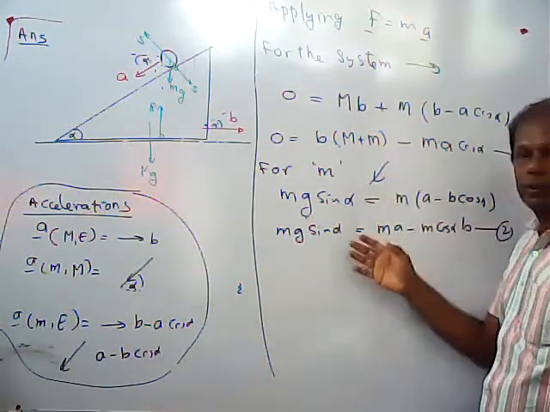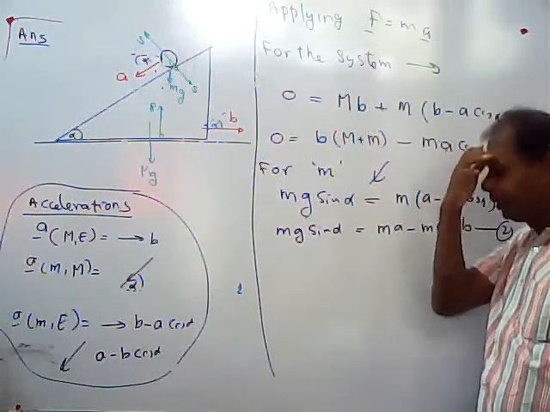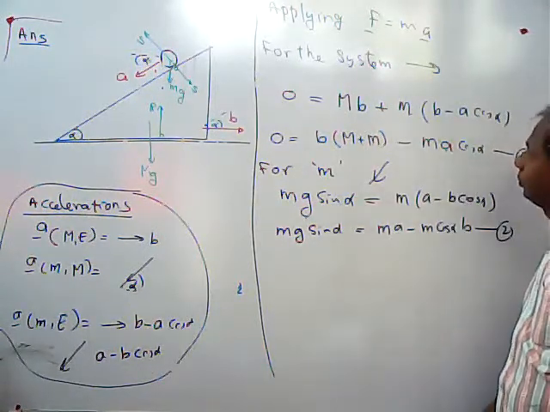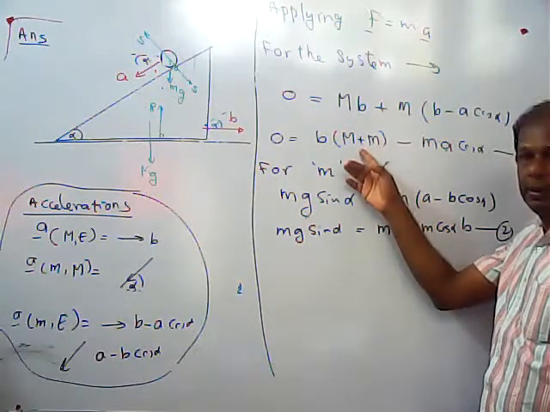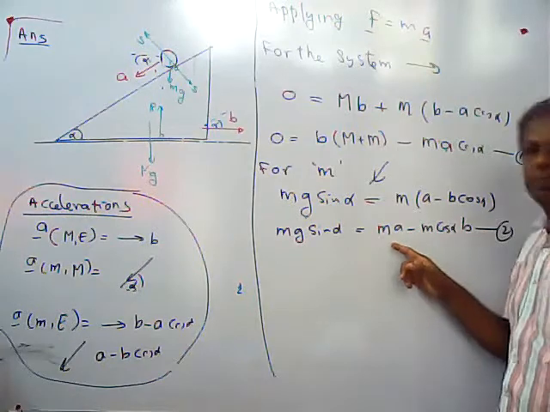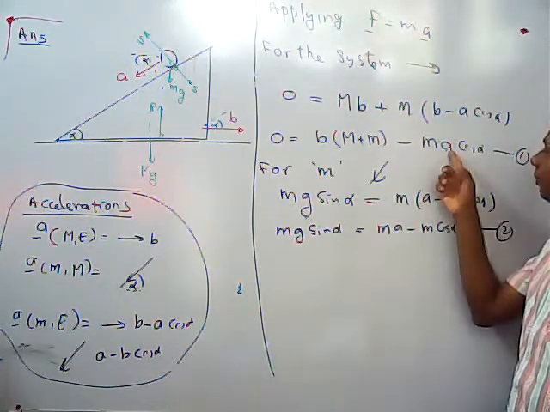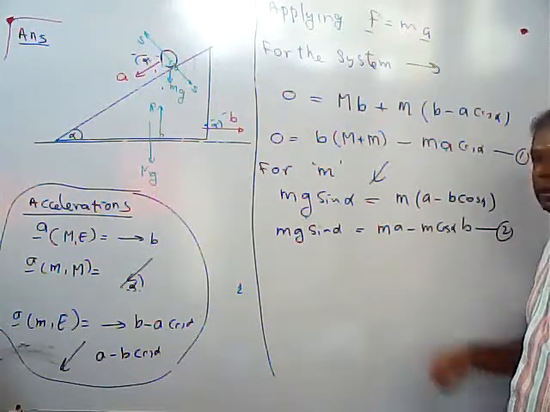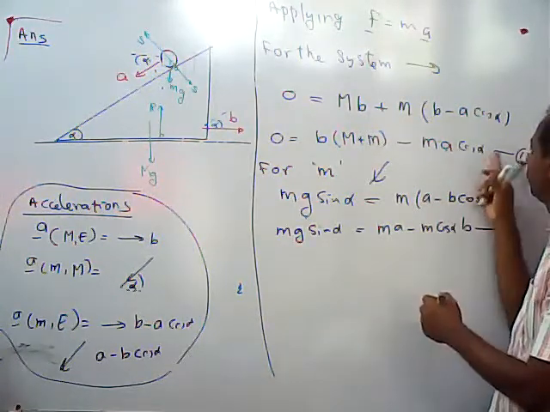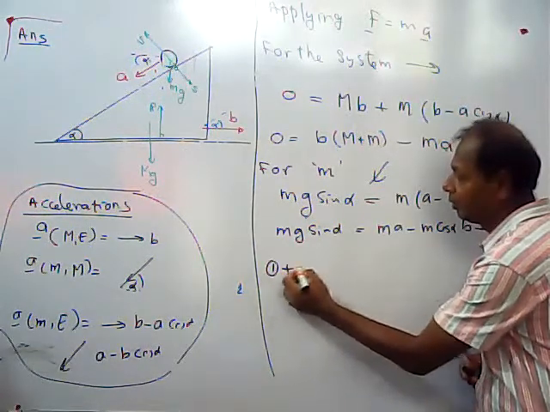We have two unknowns and two equations, and we need to find A and B. If you want to find B, we have to get rid of A. To get rid of A, the best thing to do is multiply equation 2 by cos alpha and add it to equation 1, so A will disappear.